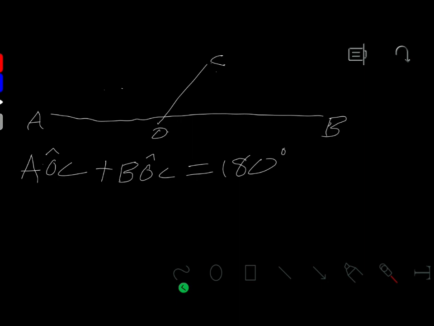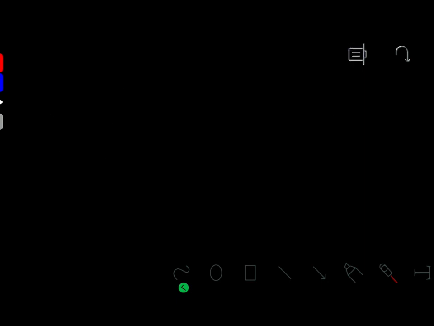Okay, let's look at another scenario. Let's say you have vertically opposite angles. Let's look at the case of vertically opposite angles. When you have two lines crossing each other like this, let's call this place O, the center.